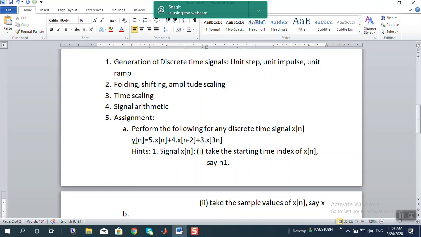Then number 3, calculate the length of x, say L.